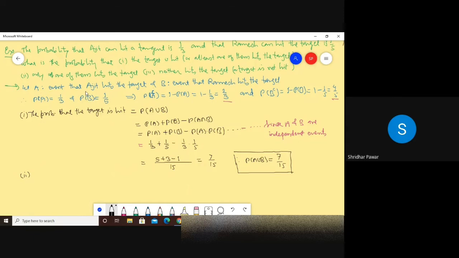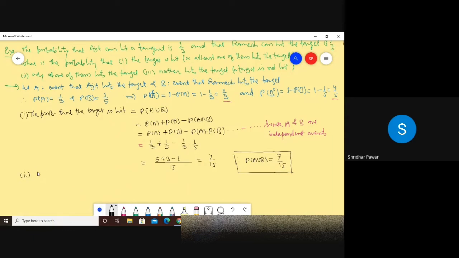So A hits the target means A happens and B does not, or B happens and A does not. A इव्हेंट घडतो आणि B घडत नाहीये. B घडत नाही म्हणजे कोण घडतो? B चा कॉम्प्लिमेंट.